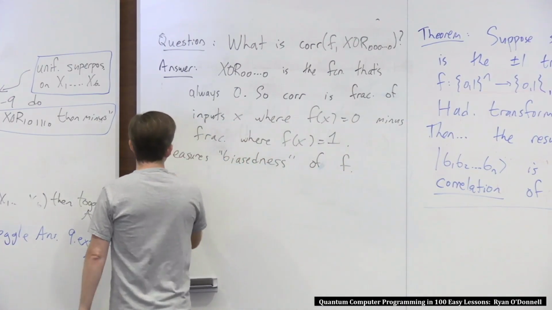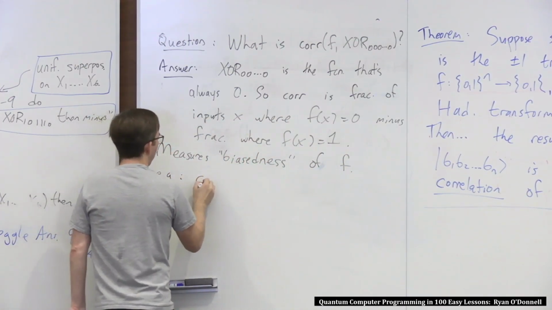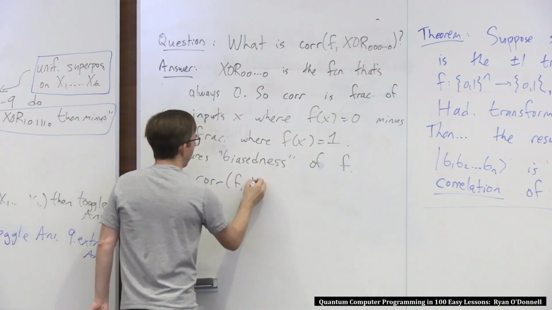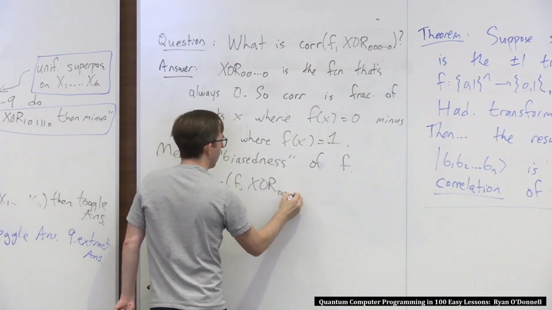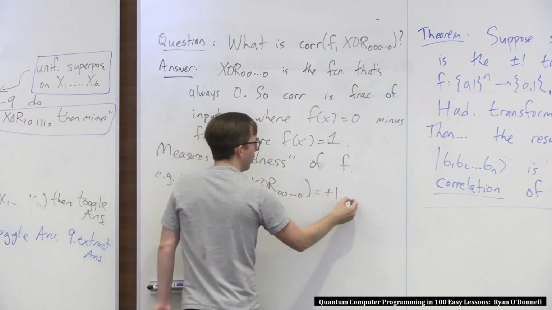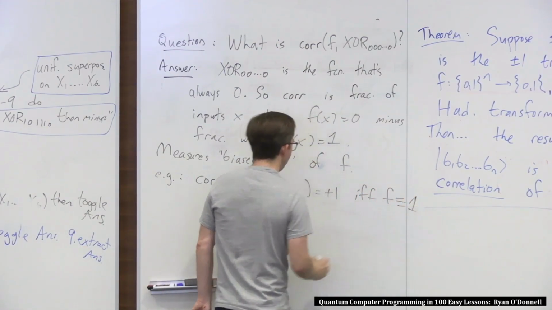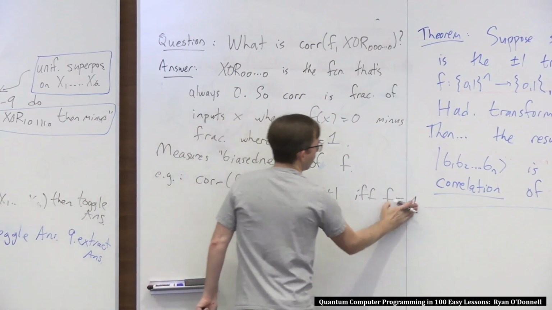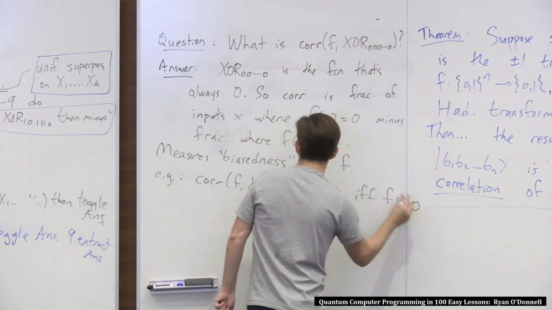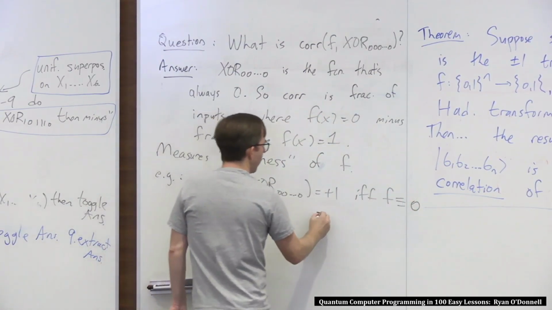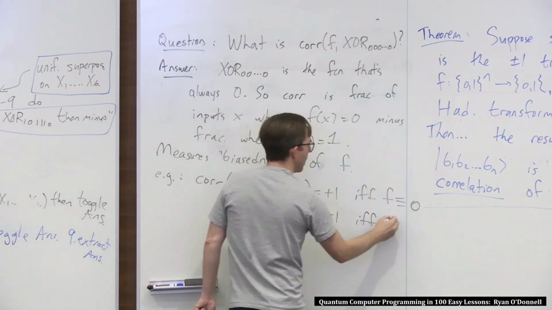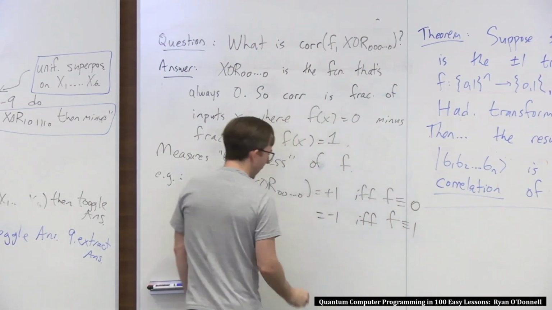So for example, the correlation of f and the XOR with bit mask all zeros is plus 1 if and only if f is the constantly 0 function. And it's minus 1 if and only if f is the constantly 1 function.